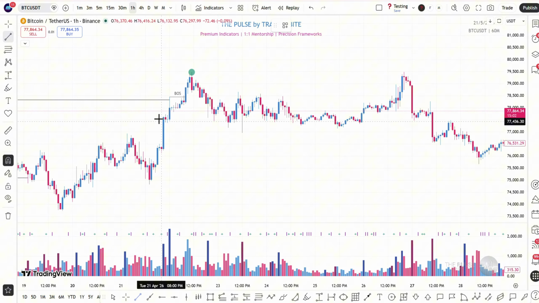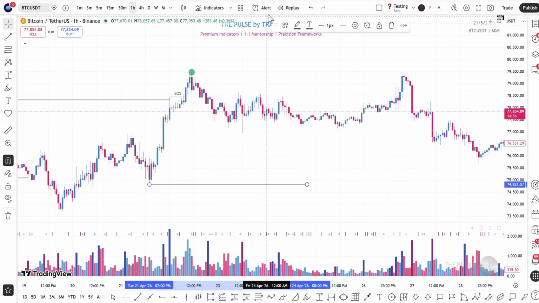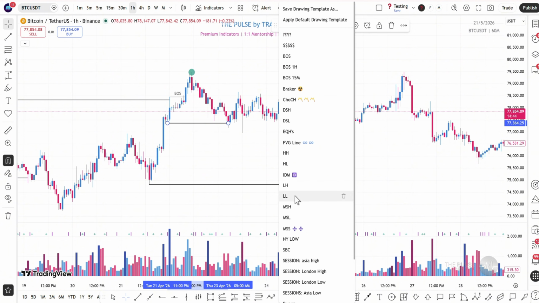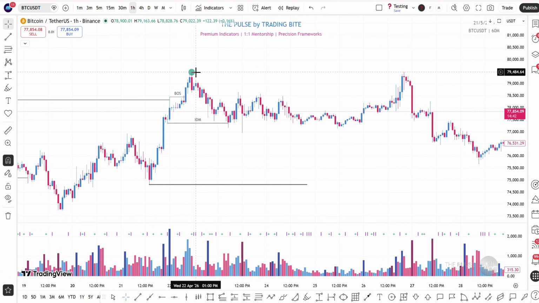This candle is high and this is low. It's very tiny, but we have to follow the rules. Deep inducement is this one, but immediate inducement is coming right here. So this is our reference point.